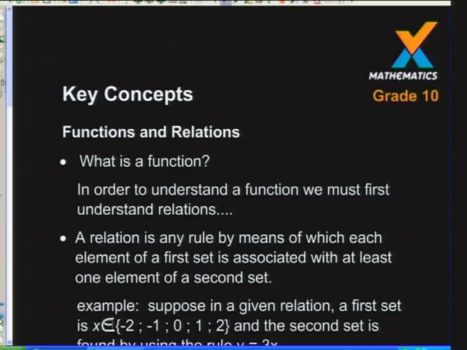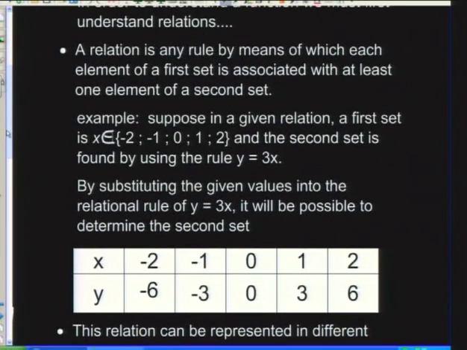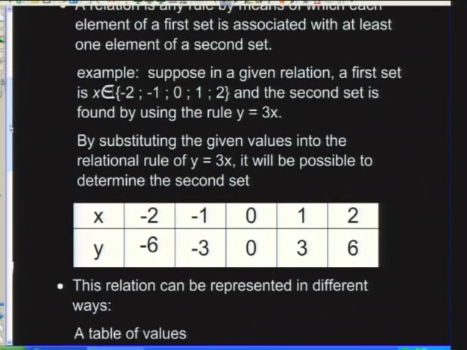We've had a look at most of this. Let's have a quick look over here. As an example, a relation is any rule by means of which an element of the first set is associated with at least one element of the second set. Let's take a set of x values: -2, -1, 0, 1 and 2, and this relational rule telling us that y is equal to 3x.